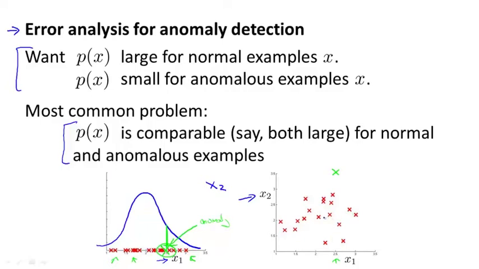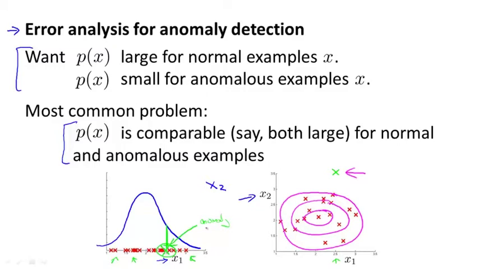Now, if I model my data, I'll find that my anomaly detection algorithm gives high probability to data in the central region, slightly lower probability to that, slightly lower probability to that, and then an example that's all the way out there, my algorithm will now give very low probability to.